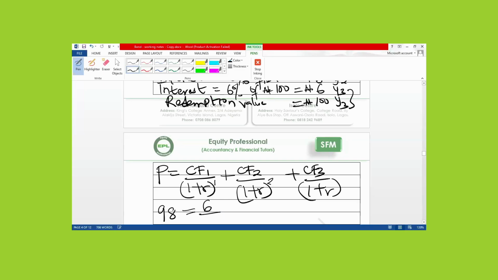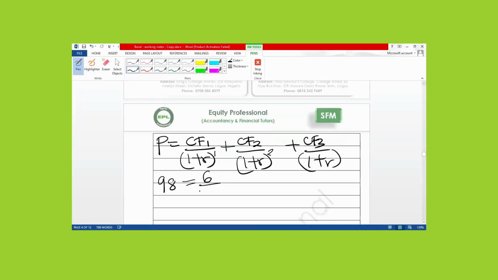Come here. 1 plus 0.0476 raised to power 1.